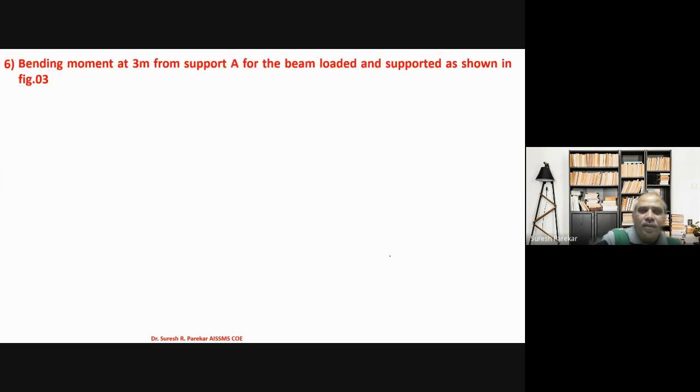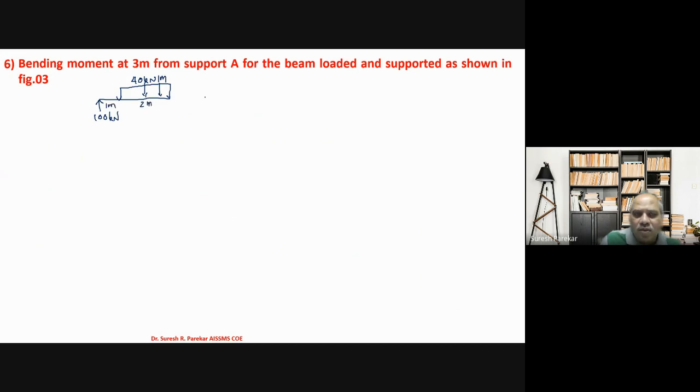Then we have bending moment at 3 meter. So we have to go again same things. So we will have this as 100 kilonewton, and then at 3 meter. So we have this as 40 kilonewton meter. This is 2 meter. This is 1 meter.